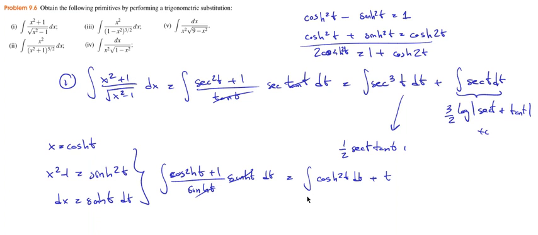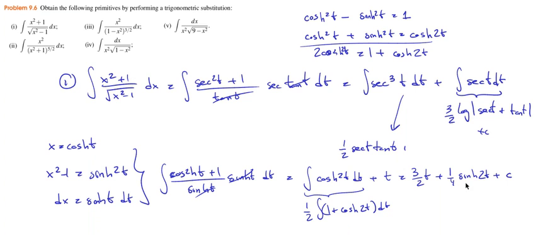Substituting here, this is 1/2 of the primitive of 1 plus the hyperbolic cosine of 2t dt, right? So this is t over 2 plus t, which is 3/2 times t, plus, and the primitive of the hyperbolic cosine is the hyperbolic sine, so this is 1/4 times the hyperbolic sine of 2t plus c. Okay, so we have two different values for this primitive.